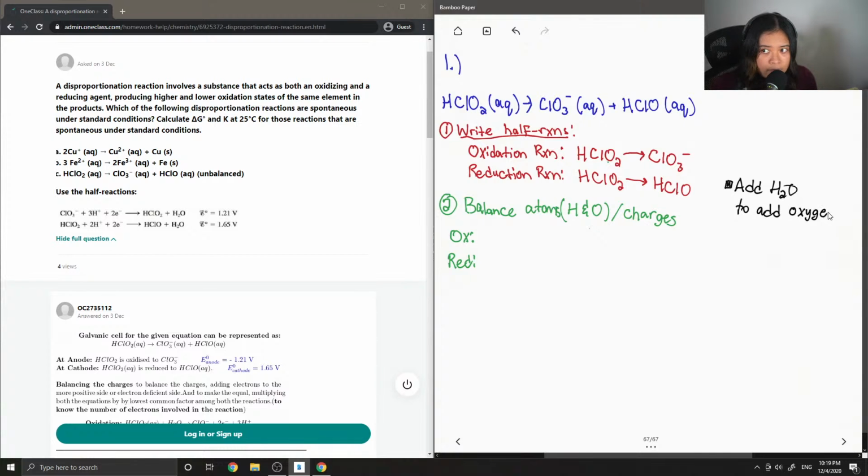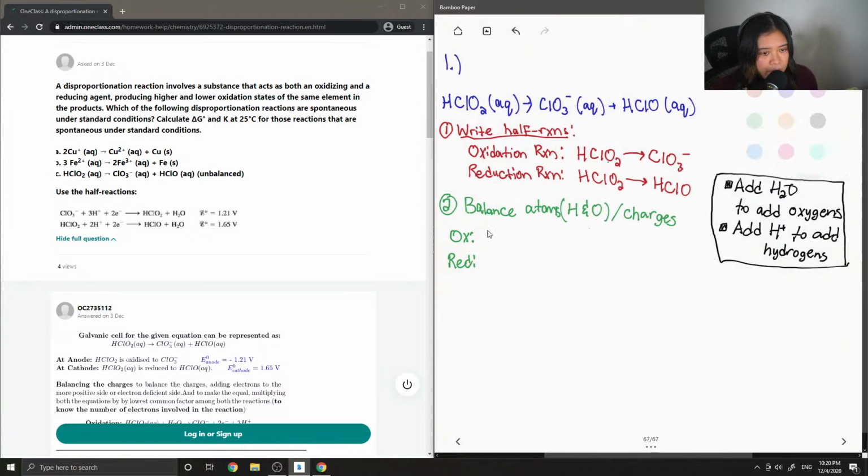And then, assuming this takes place in acidic conditions, we are going to add protons to add hydrogens. So we want to add the water first, since it contains hydrogens, and it'll just be easier to balance out if we add the water first.